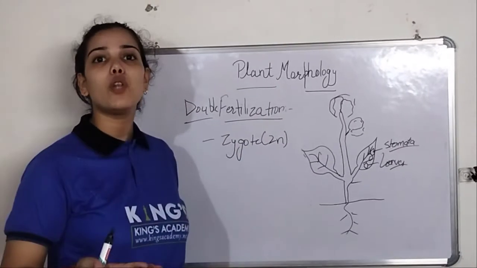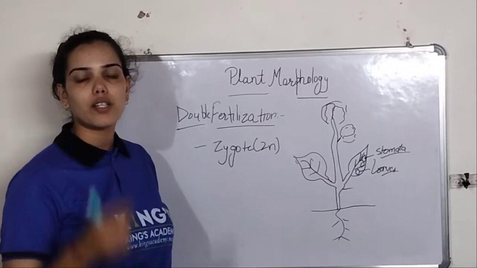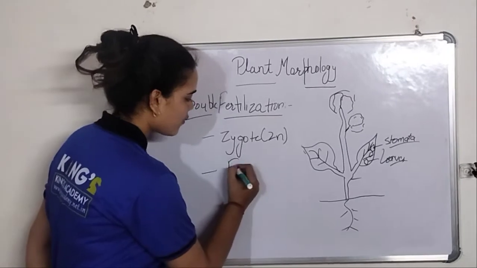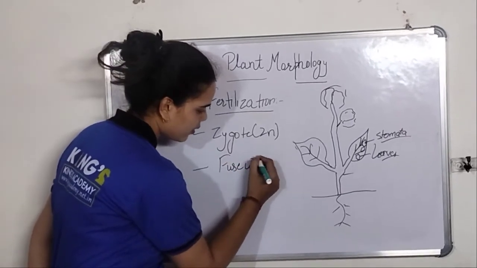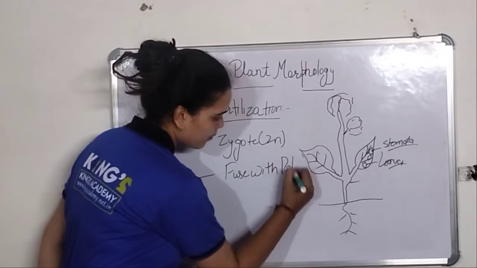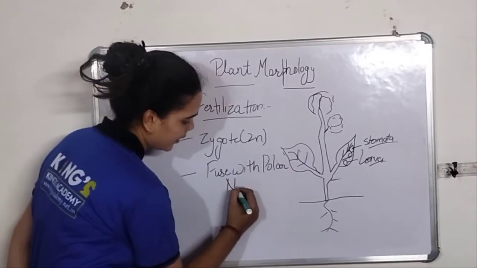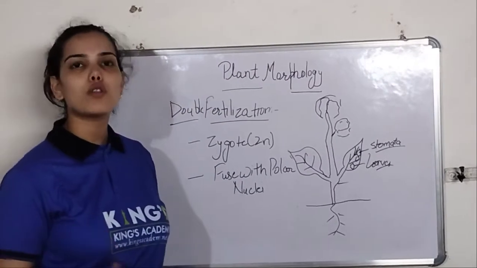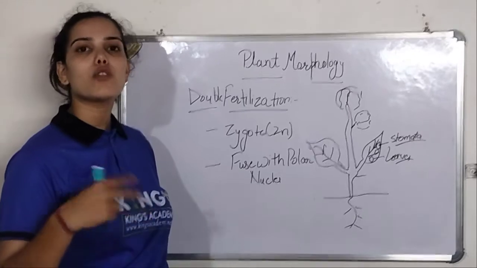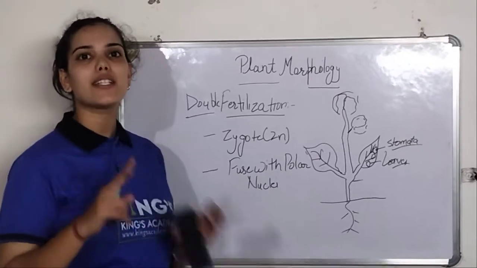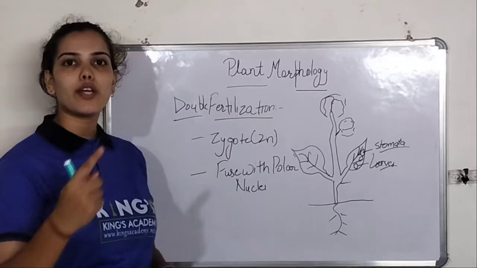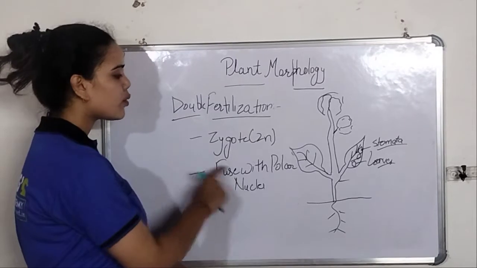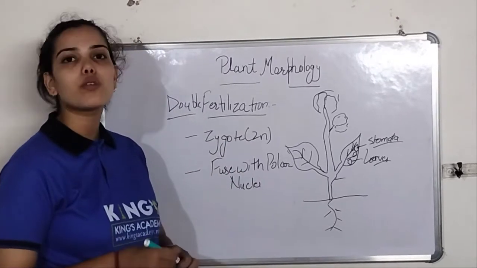But when another pollen grain, or another male reproductive part, fuses with the polar nuclei, it also forms another zygote, which means there is double fertilization. One zygote directly from male and female, and one extra when it is fused with the polar nuclei, right? This is also known as syngamy.